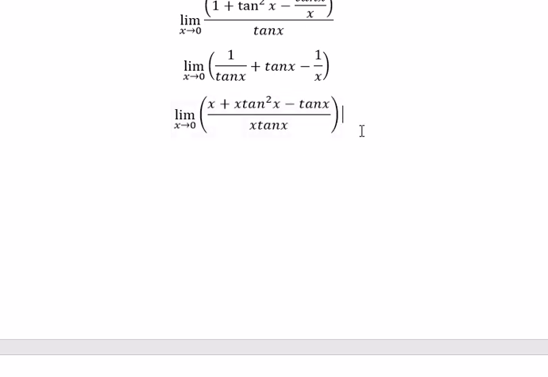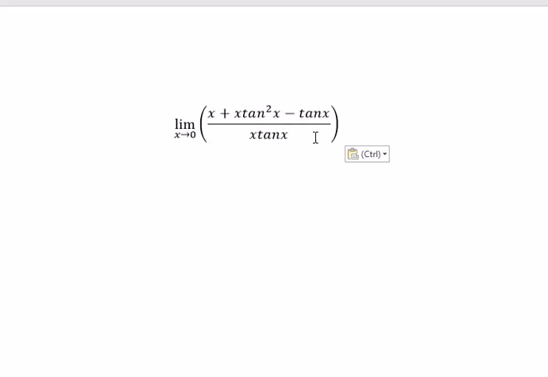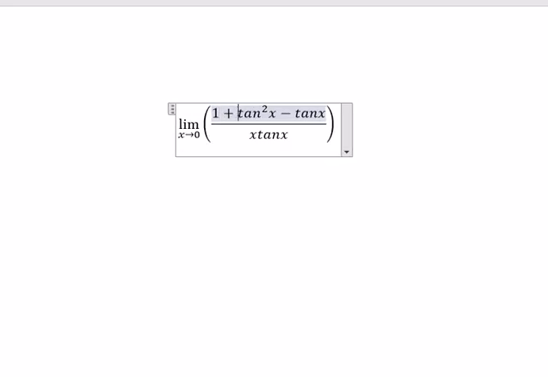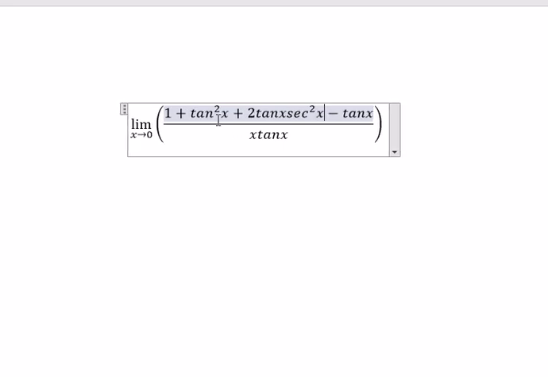So now we do L'Hôpital's rule again. This one we get 1, and we have 2 tan x secant squared x, and we have secant squared x.